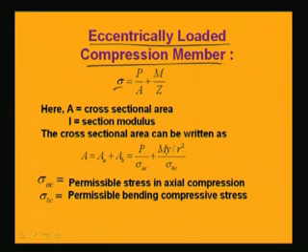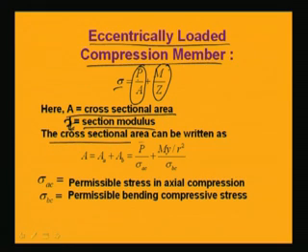Stress sigma is equal to P by A, earlier we have seen only P by A, along with M by Z. So an additional stress because of moment will come into the picture, where M is the bending moment, P is the axial force, A is the cross sectional area and Z is the section modulus.